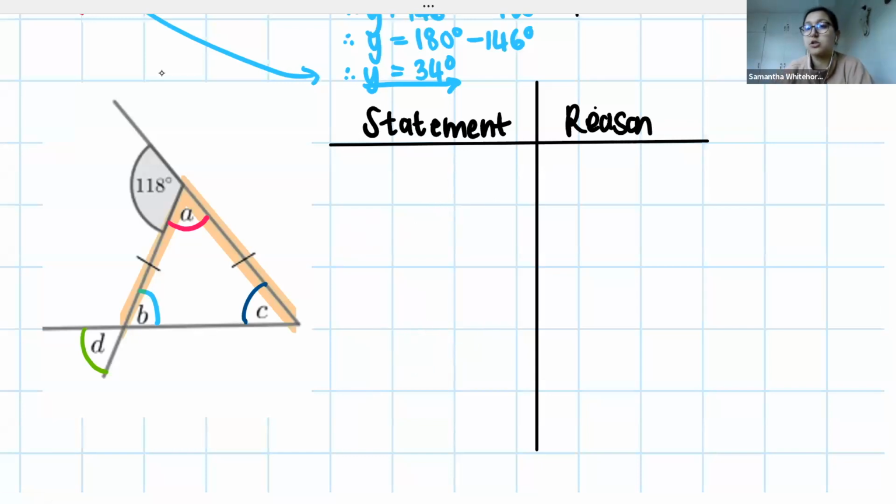Yes, they sit on a straight line, but they don't follow the reason of adjacent angles on a straight line add up to 180 degrees. So just be careful. I'm going to give you 1 more minute and then I'm going to have a look.